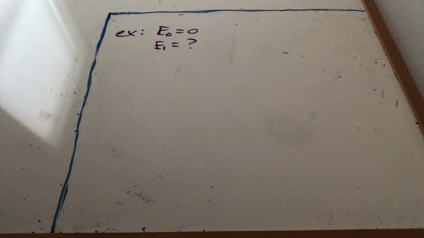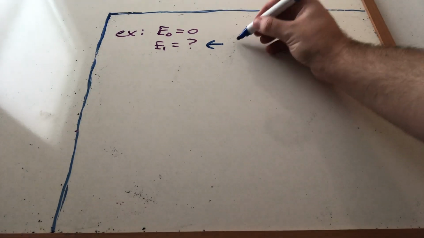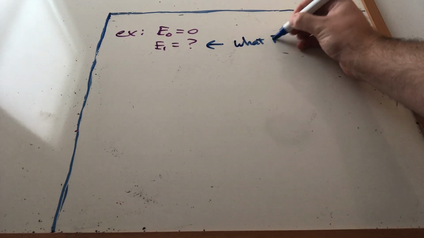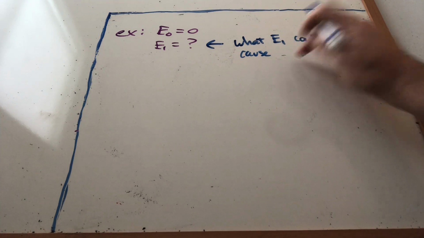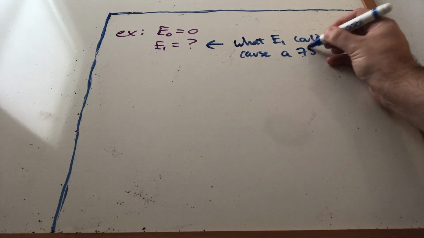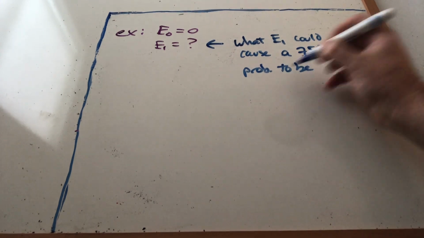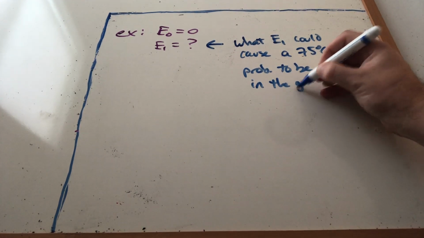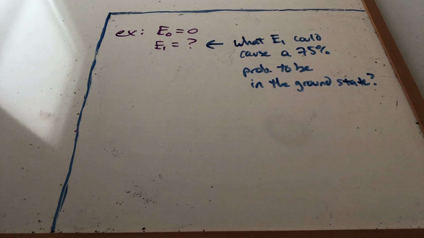And what we're going to ask ourselves is, what E1 could cause a 75% probability to be in the ground state? What E1 could cause a 75% probability to be in the ground state?